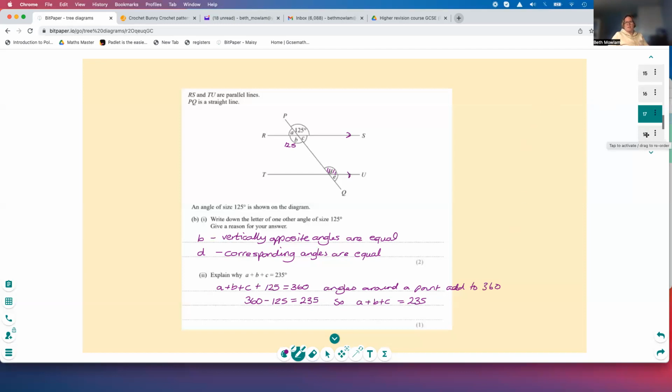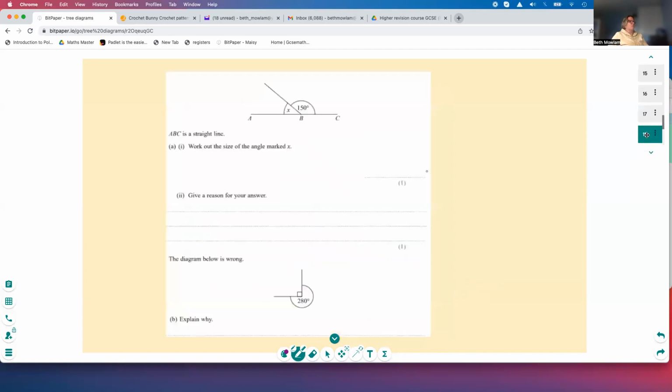Hopefully that's starting to make some sense, these angle questions. We might get things like this. ABC is a straight line. Work out the size of the angle marked X. So remember, angles on a straight line add up to 180. So we're going to do 180 minus the one we know.